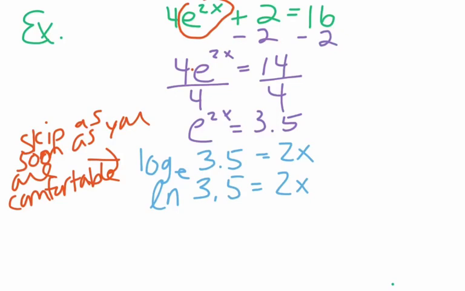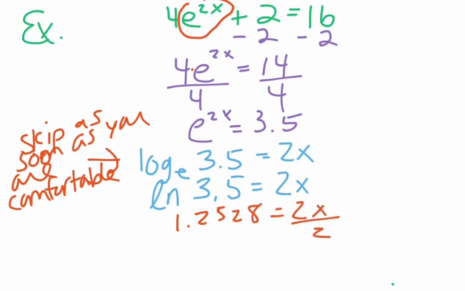There is a button that says ln, so you don't have to use the change of base because your calculator is equipped to do this. You could just punch in ln of 3.5, and you would get 1.2528.